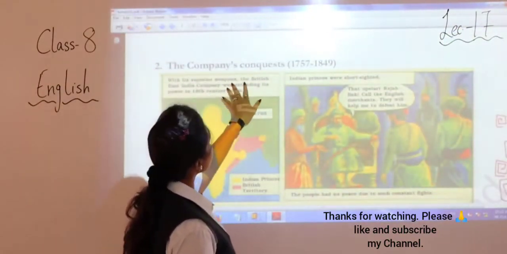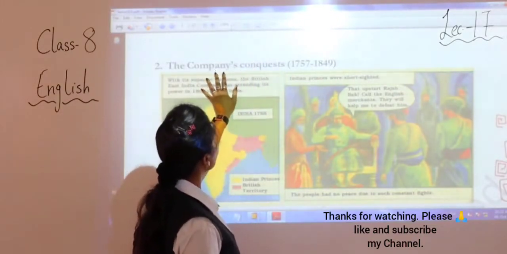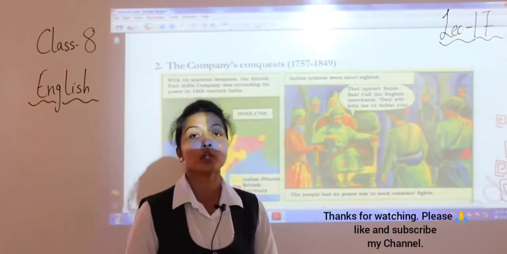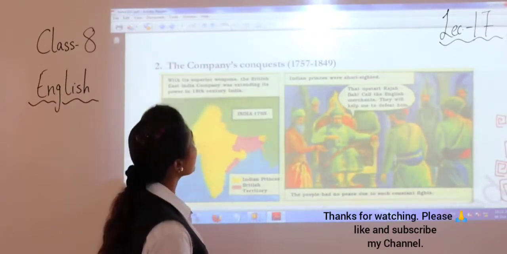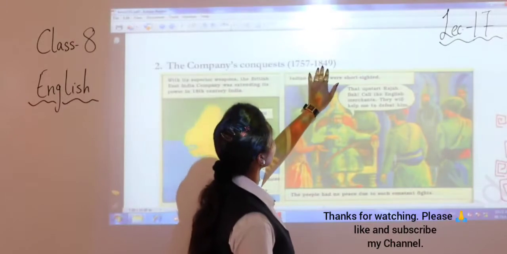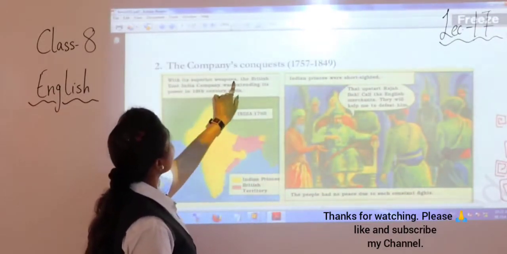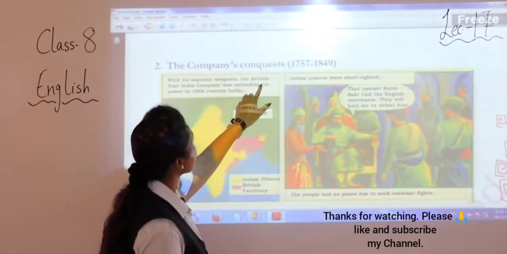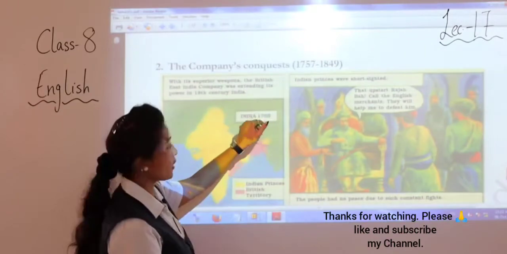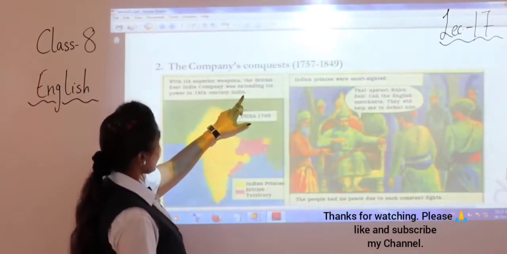Then after, the Company's Conquest. Conquest means the area which is controlled by military forces. The Company's Conquest, 1757 to 1849. With superior weapons, the British East India Company was extending, that is enlarging, its power in 18th century India.